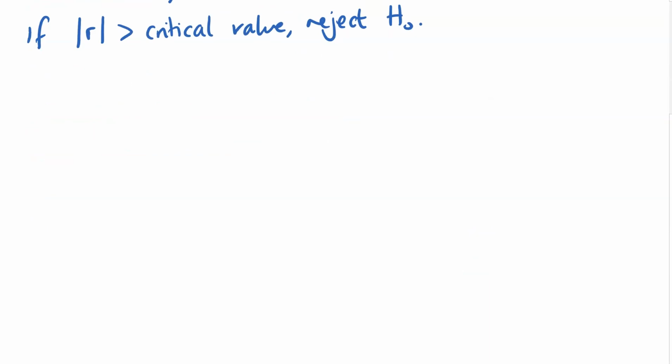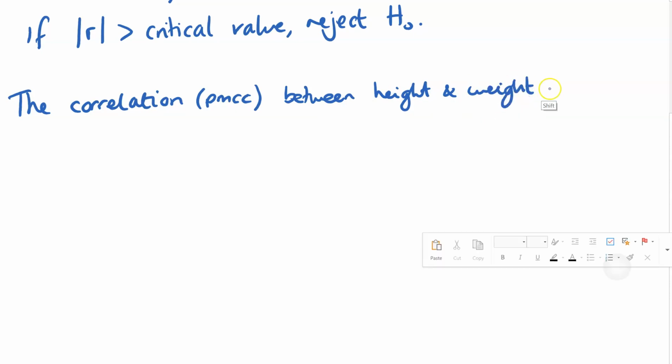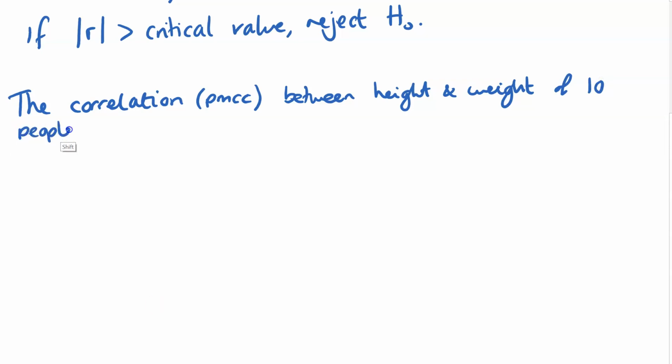So we are told that the correlation, sometimes they might call it the PMCC, which is product moment correlation coefficient, which is how correlated they are, between height and weight of 10 people is 0.73.